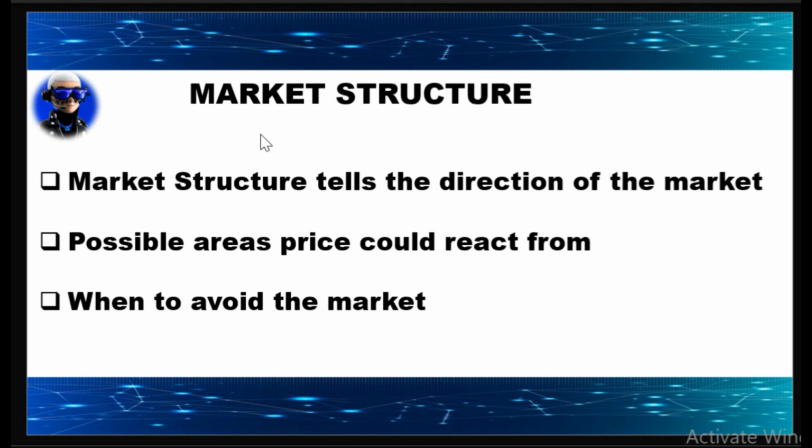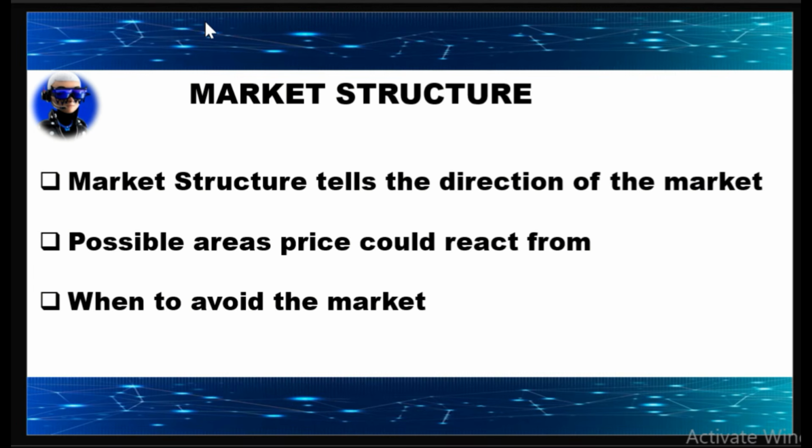Yeah. So insufficient knowledge of market structure might put you in a position where you are trading against the trend, right? Market structure gives you a proper positioning for the market, and it also shows us possible areas where price will react from.